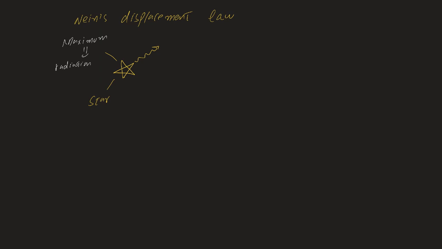So the wavelength of the radiation at maximum intensity is inversely proportional to temperature. So this is what we call Wien's law, Wien's displacement law. He said that the wavelength at maximum intensity is inversely proportional to temperature.